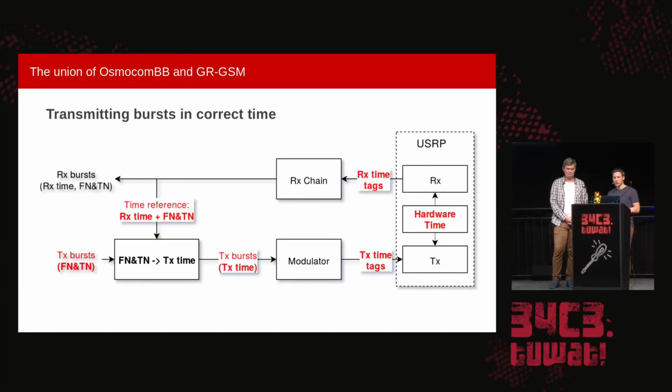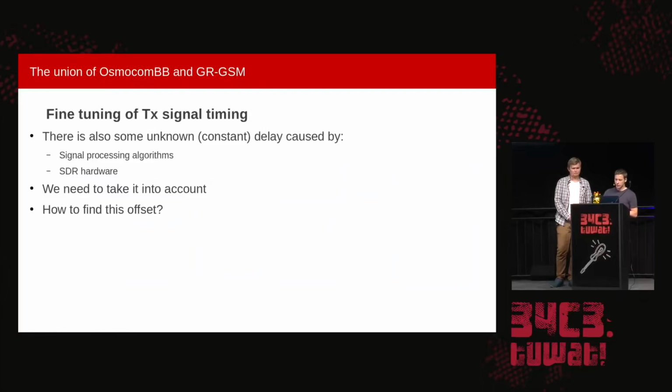This pair of information is then used for converting frame numbers and time slot numbers into transmit time tags that are added to the bursts for transmitting. Based on this information, after the modulator, the bursts are transmitted by the USRP at precisely defined moments.